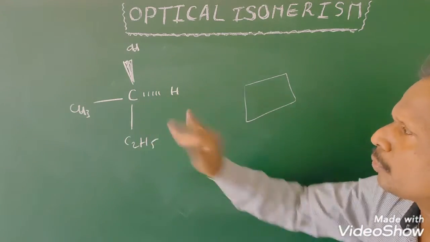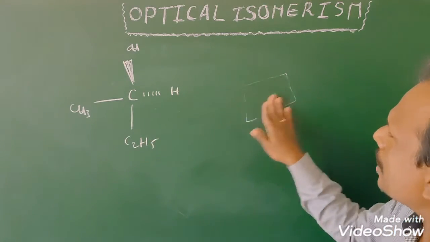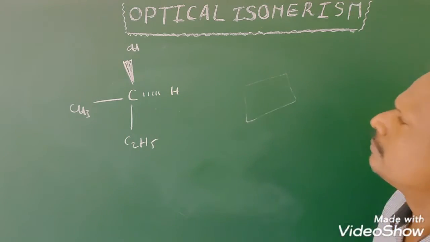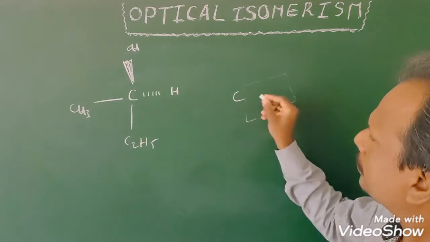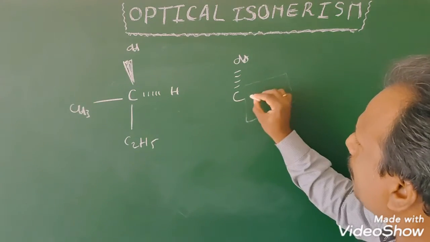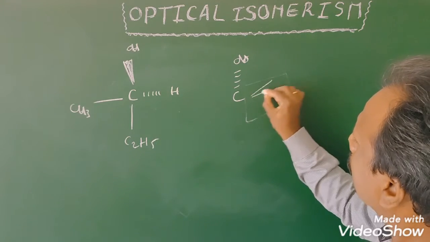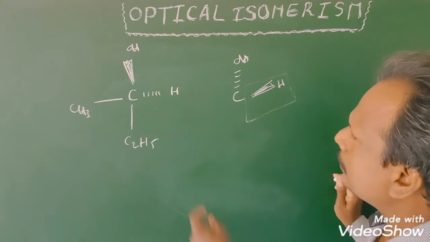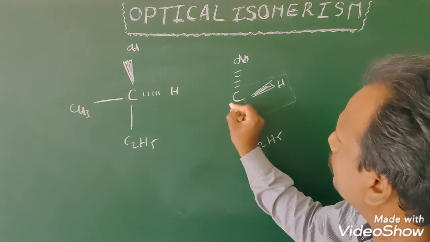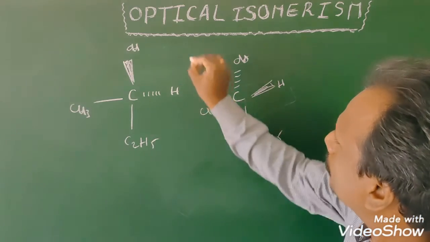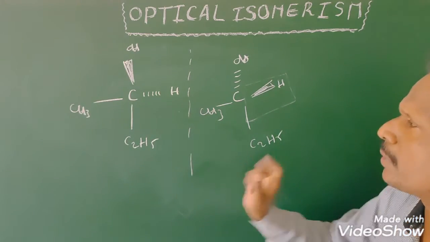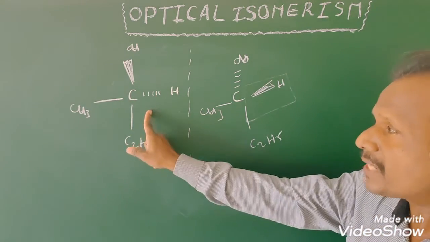That means an optically active compound has another isomer, a mirror image of this compound, its optical isomer. This pair of compounds is called enantiomers. That means it is optically active.